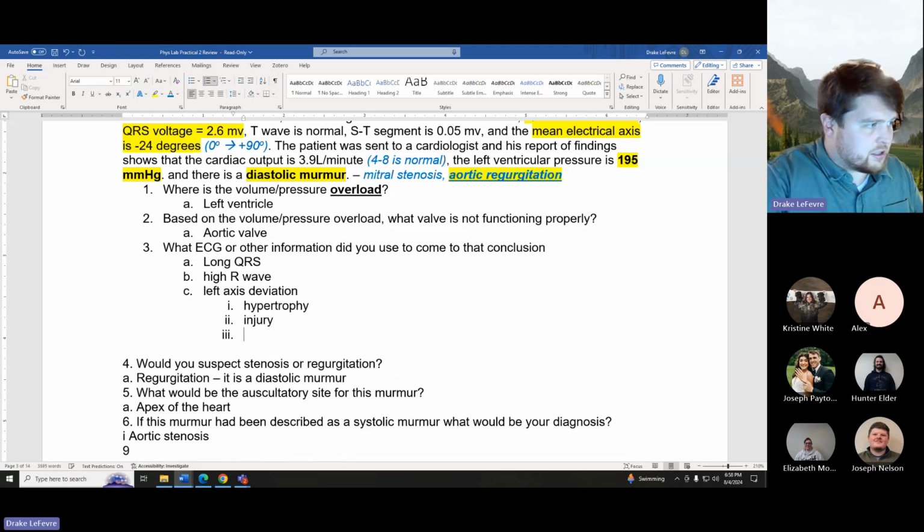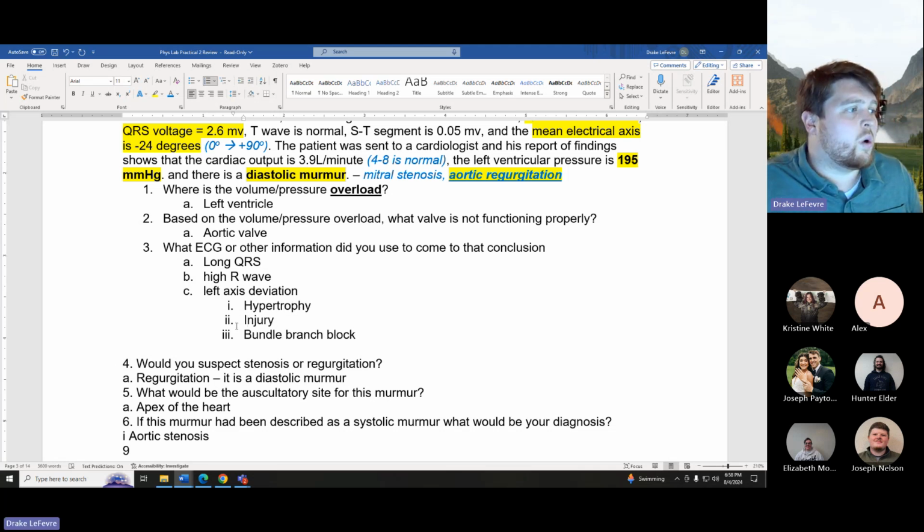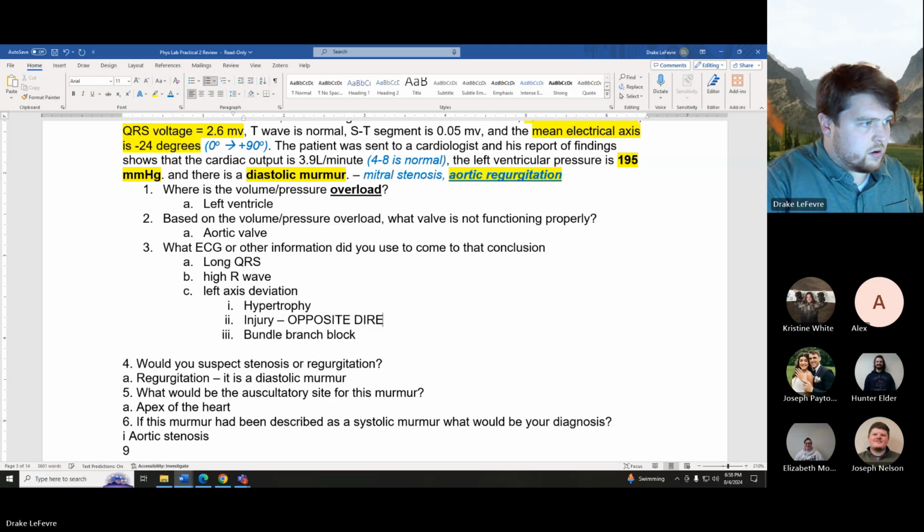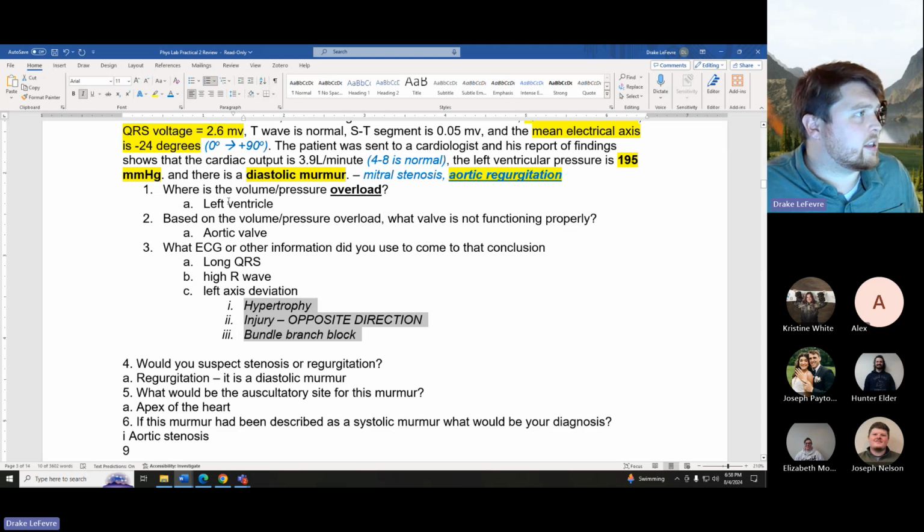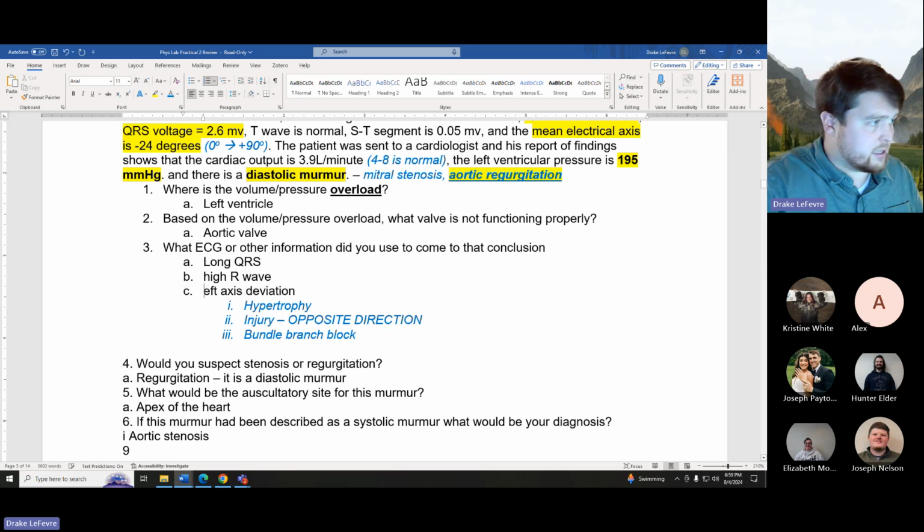Hypertrophy, injury, bundle branch block. Two of them cause the same direction. One causes the opposite direction. Do we remember which is which? Injury's opposite. Yeah. Good. I'm going to throw as many of these reminder things as I can into here because this kind of stuff may pop up as you're taking this exam.